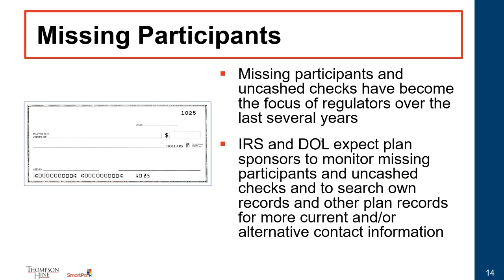If this is something you have not paid close attention to, you might be quite shocked at the number of participants in your plan that are included on a list of missing participants or lost shareholders. Each record keeper has a different name for this report.